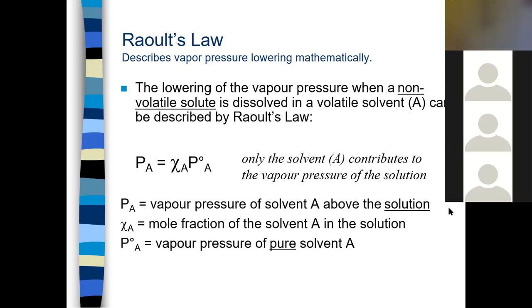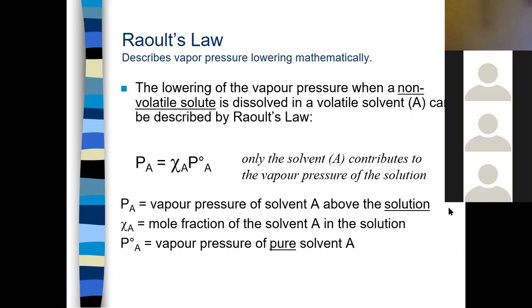If you have pure solvent, the mole fraction is 1. It's 100% solvent. But if you start dissolving something in the solvent, then the mole fraction of solvent will go down. Maybe it's 0.9 or 0.8 or 0.7, and the mole fraction of solute goes up. So they have to add up to 1, right?